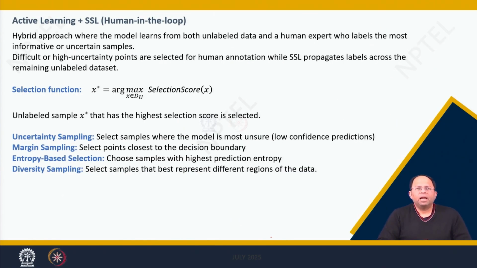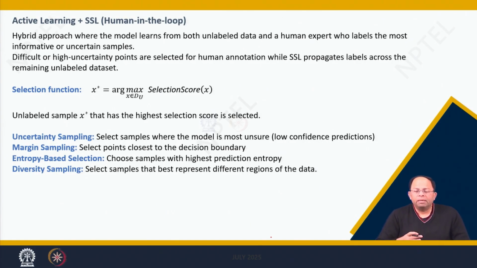Then there is active learning, semi-supervised learning with a human in the loop. It is basically a hybrid approach where the model learns from both unlabeled data and a human expert who labels the most informative or uncertain samples. So this is where we bring in people, and the person, looking at the data, is the one actually doing the prediction.